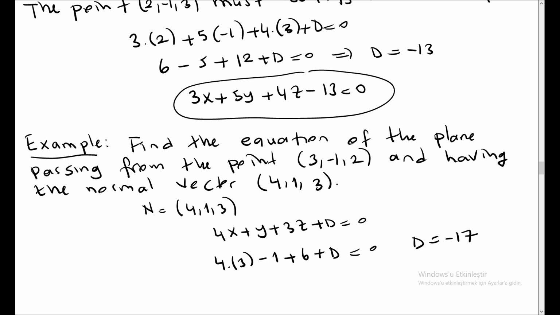So our plane is 4x plus y plus 3z minus 17 equals 0. This is the plane.